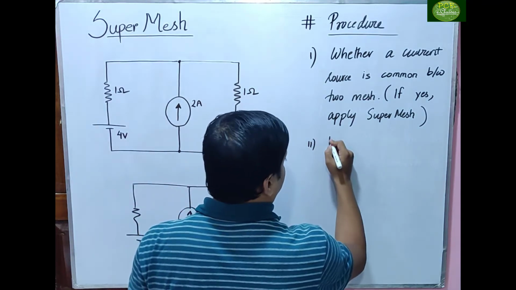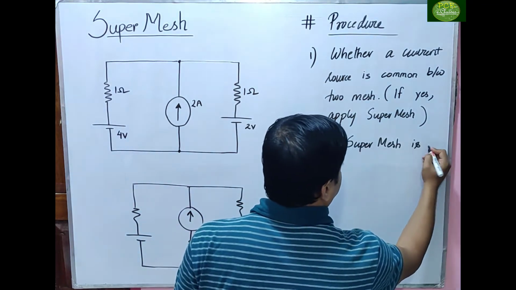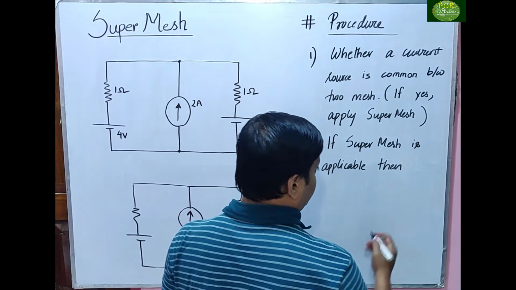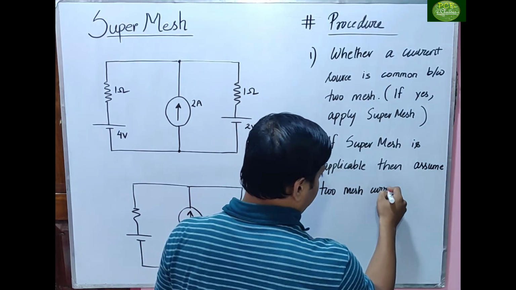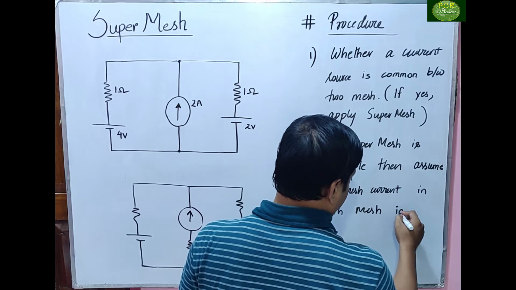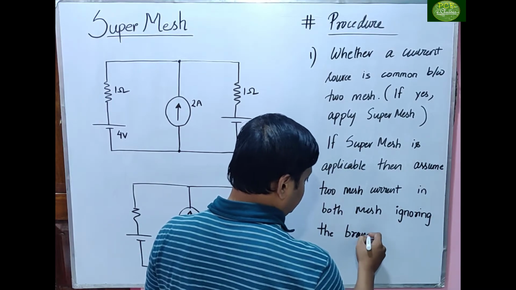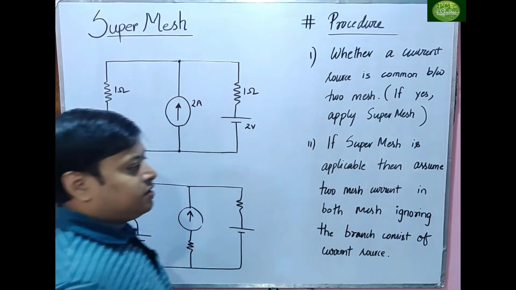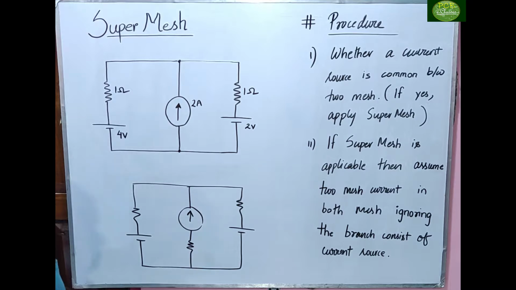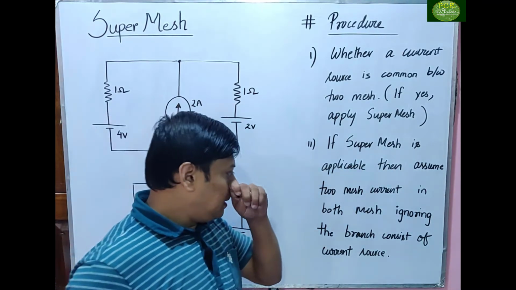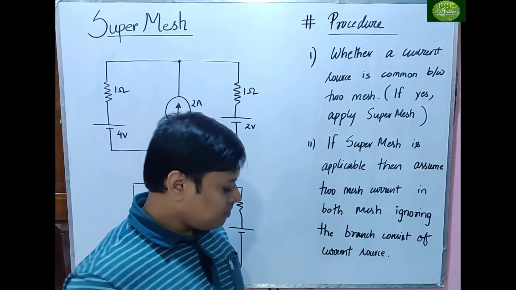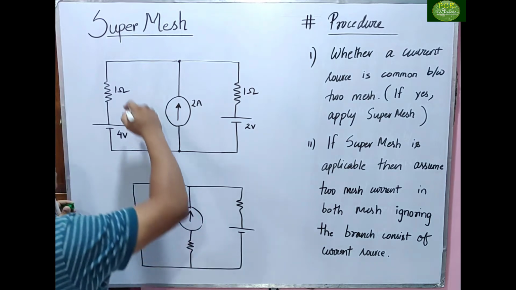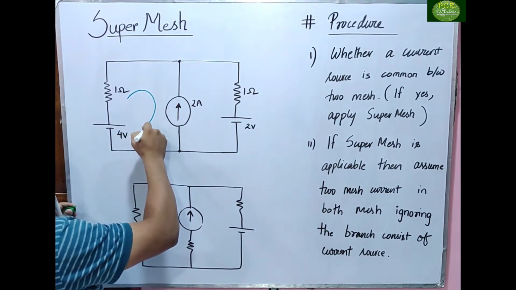Second, that is the second step we have to follow. Super mesh, if it is applicable, then you have to assume two mesh currents. Let's see here, two mesh currents. I'll assume that two meshes are there, two mesh currents.